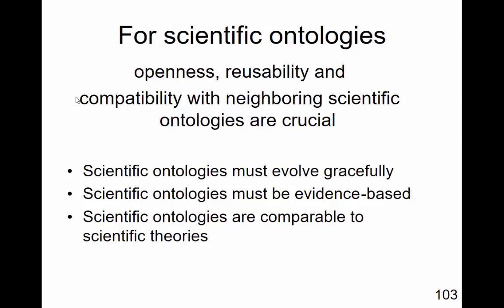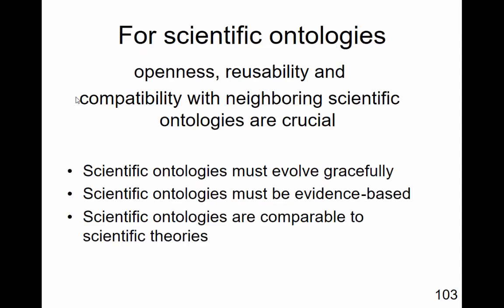So this is fairly obvious. Scientific ontology is comparable to scientific theories. I think scientific ontologies are the terminological content of scientific theory. Scientific ontologies are a scientific theory as a terminological artifact treated following the rules of ontology construction.